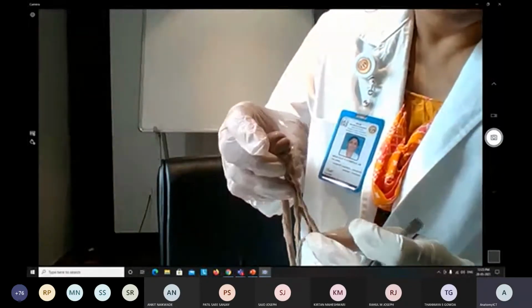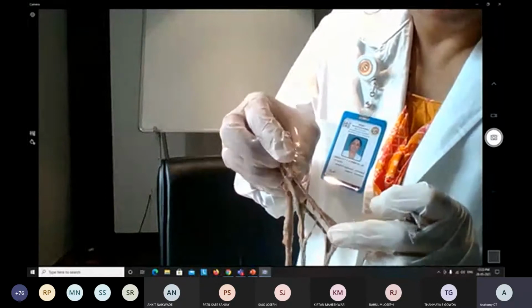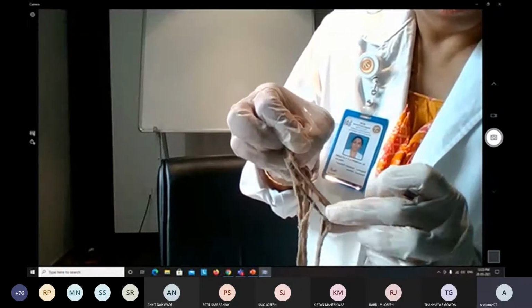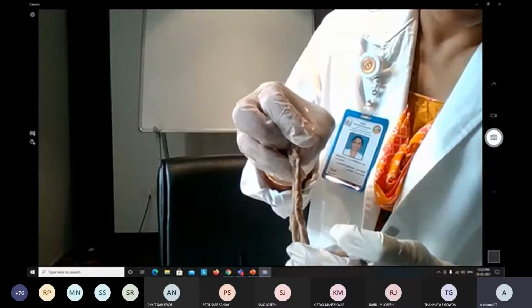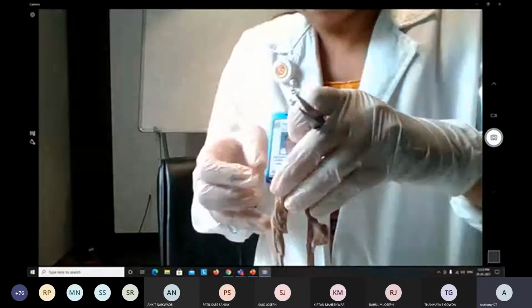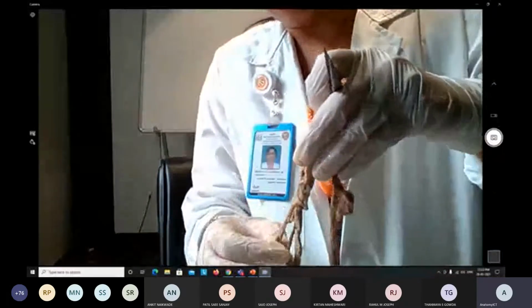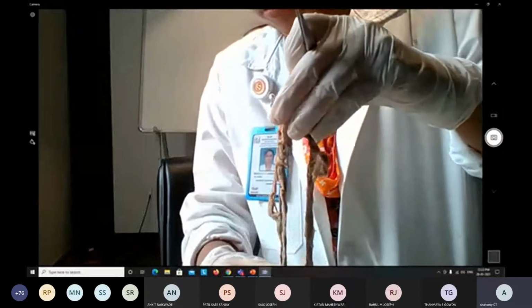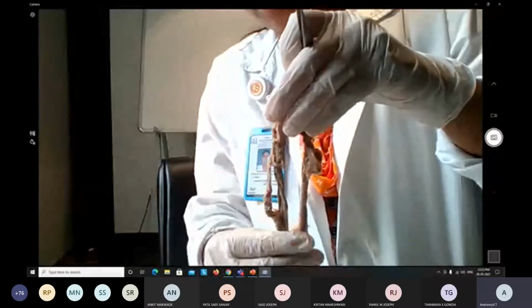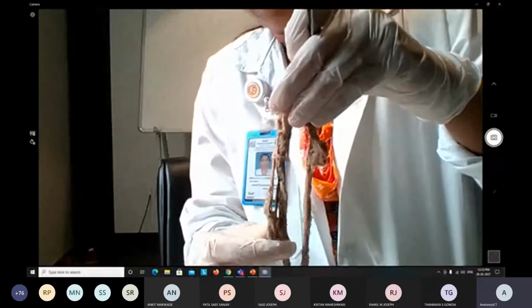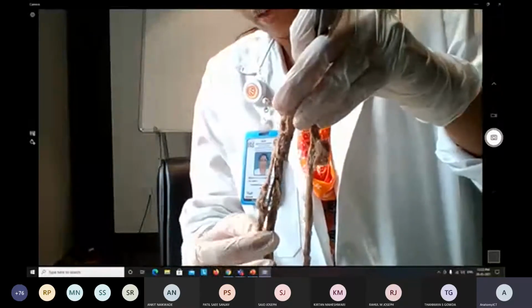So the ones which are looking bluish, can you appreciate that bluish? Okay, these are nothing but the pampiniform plexus of veins, testicular veins. You have heard of testicular veins, pampiniform plexus of veins, right? These bluish structures are pampiniform plexus of veins.